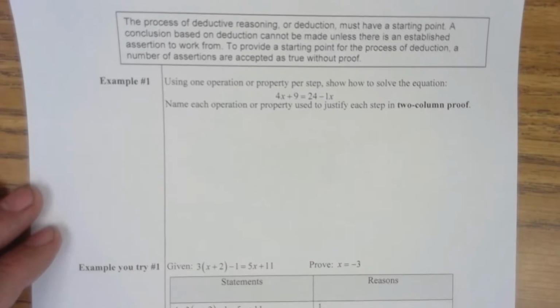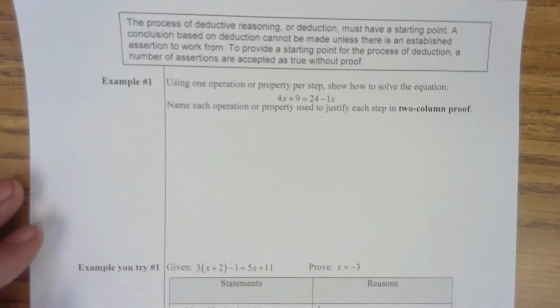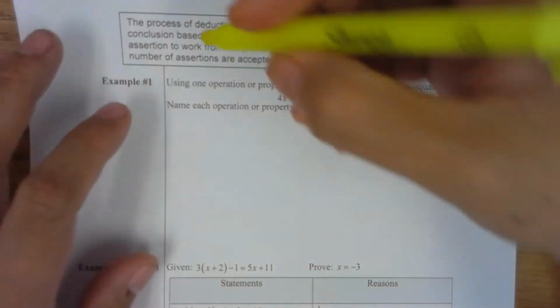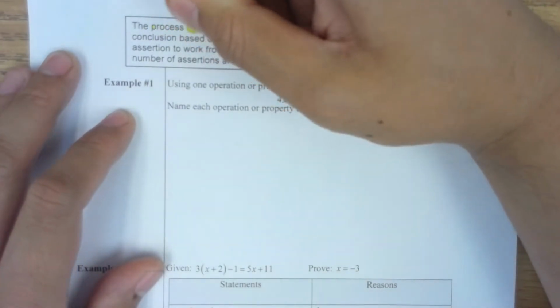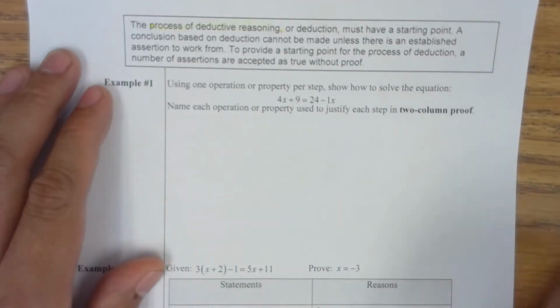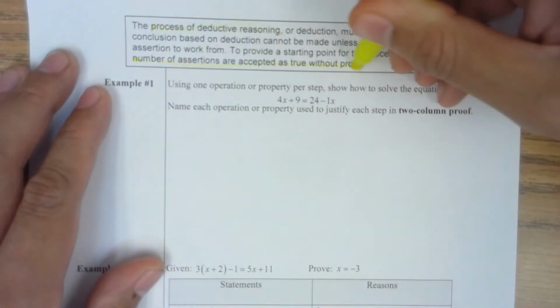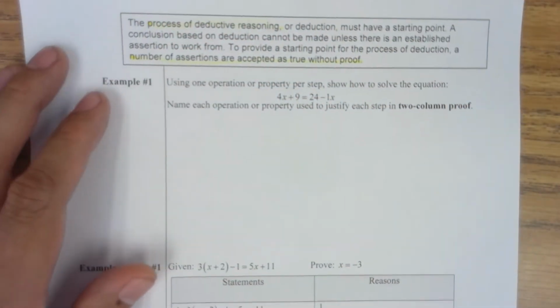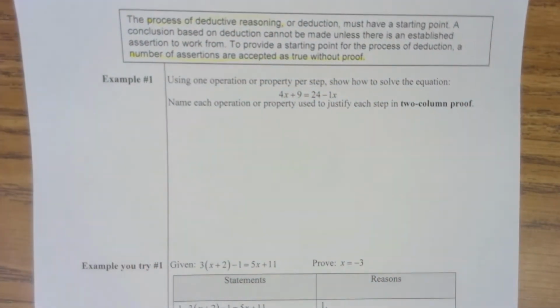Okay? So right now, what we want to make sure you understand is that to do a two-column proof, you want to be able to do deductive reasoning right here. And you want to have a starting point, and you're going to make a number of assumptions that you know for sure are true. So you do it without the proof, but you just know it happened to be that way.